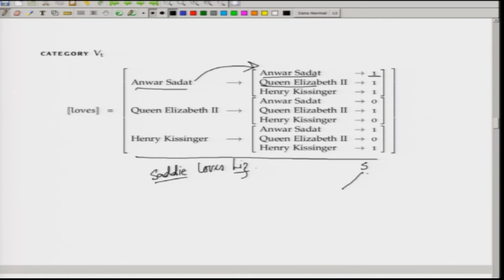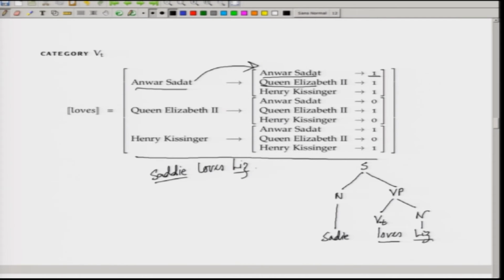Once again, the sentence is S goes to N and VP, and VP goes to VT and N, and N goes to, now here Sadie, VT goes to loves, and N goes to Liz. This is how the sentence has been constructed. And now the problem is loves and Liz unite to make loves Liz, which is the VP here.